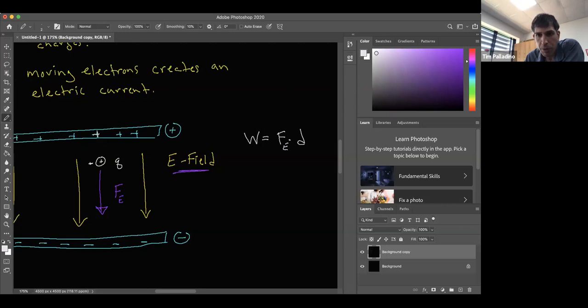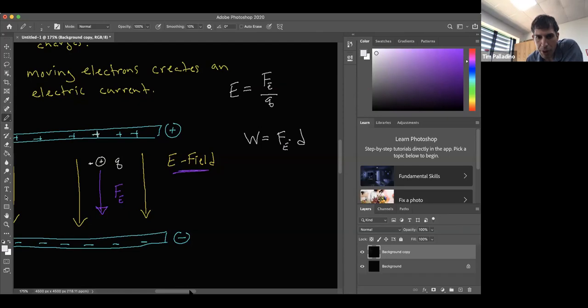Now, do you guys remember how we defined an electric field? The force, the Coulomb force, we said that force is K times charge Q1, Q2 divided by R squared. We're not going to really worry about that much anymore. We're going to talk about the electric field, which is the force per charge, right?